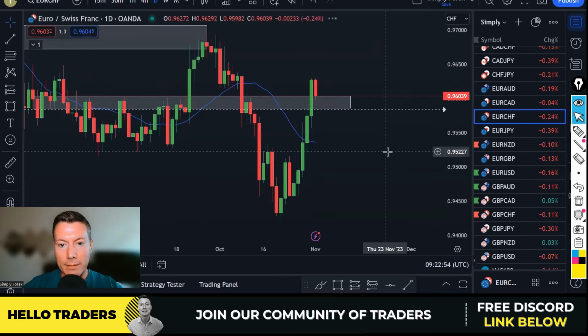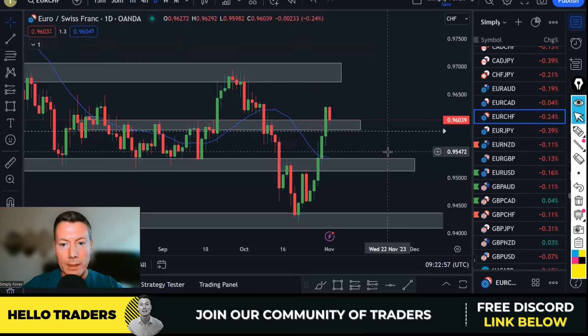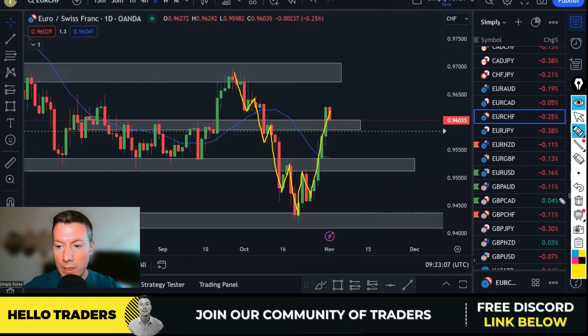Euro Swiss franc. Now, let's take a look at this. So trend. We were in a downtrend and now we're in an uptrend. So tick. Support and resistance. Well, we've broken through an area of resistance, which could now become support.